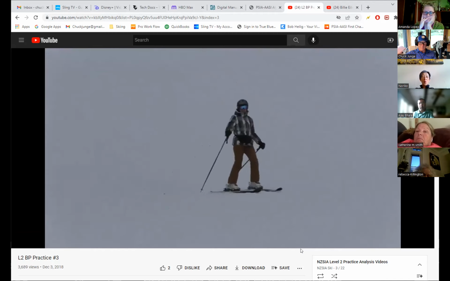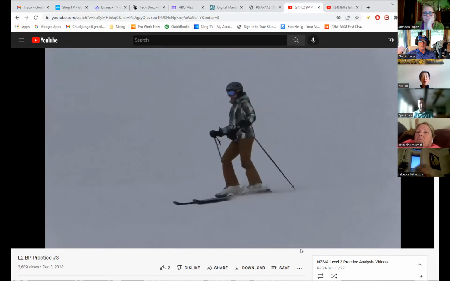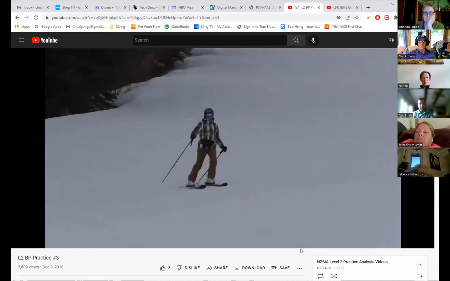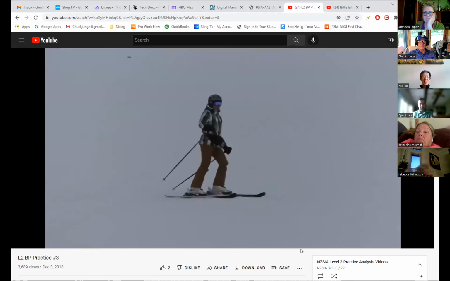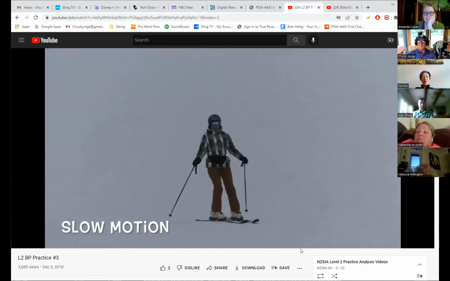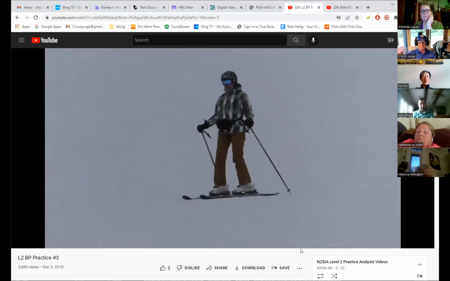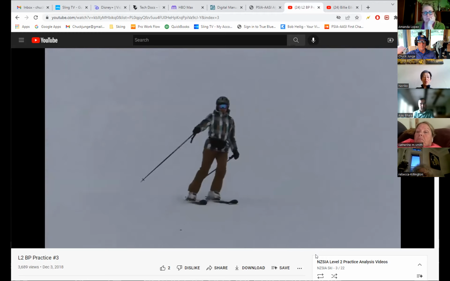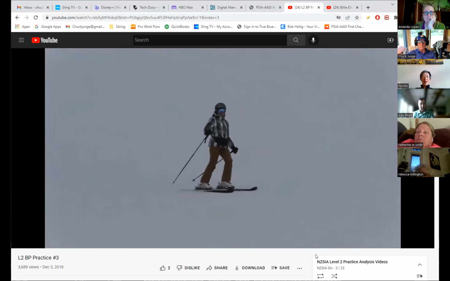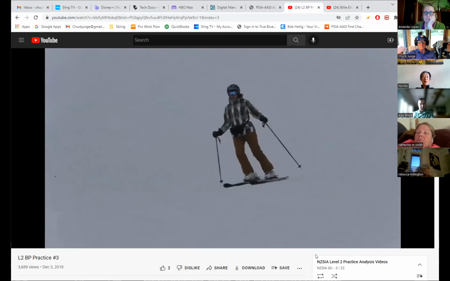So with a wider base of support, she will be comfortable. She's supported. We know she seems to be relaxed and doesn't show any sign of fear because the slopes are nice and not too steep but very groomed.